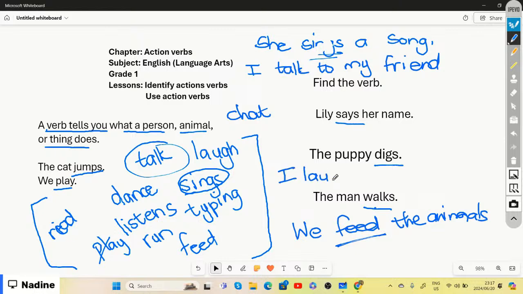I laugh at the movie. These are but a few sentences where we have used the action verb, right?